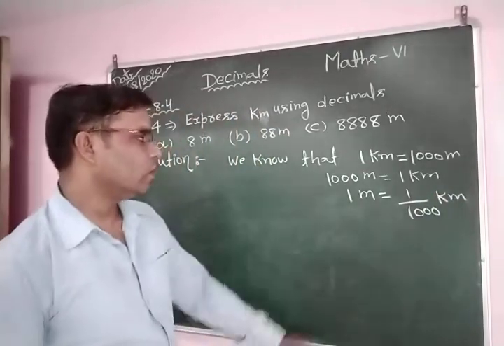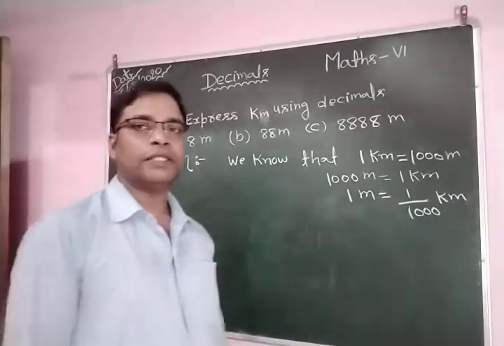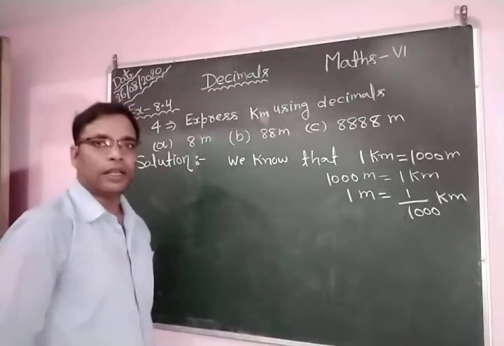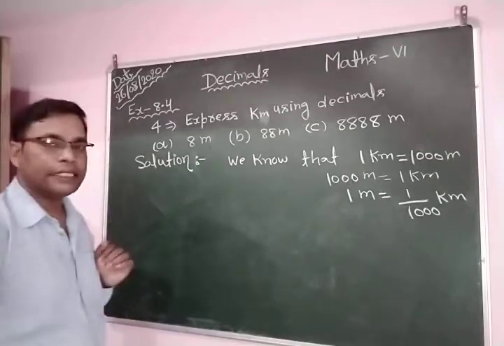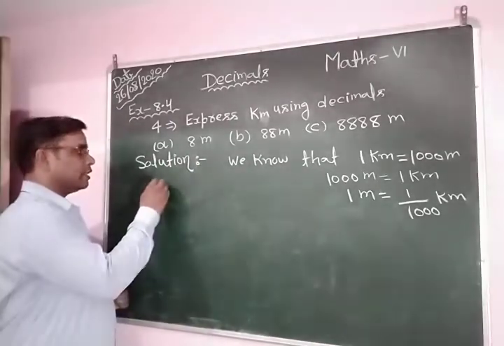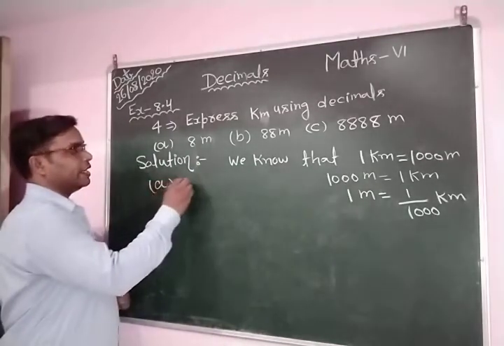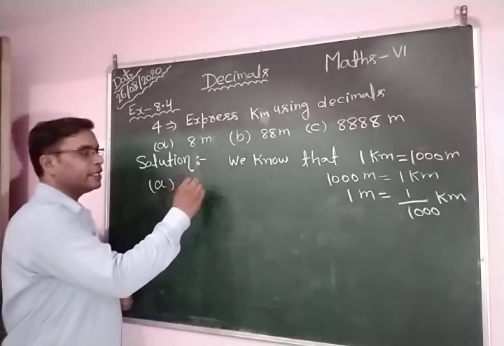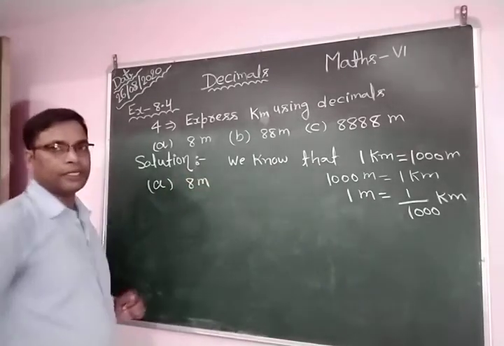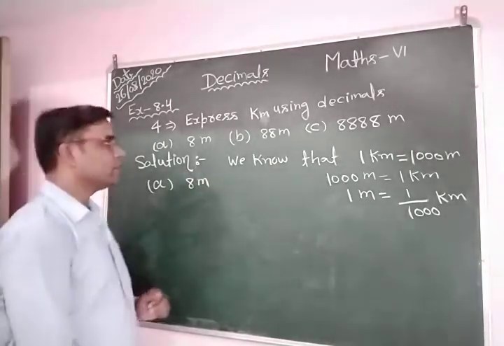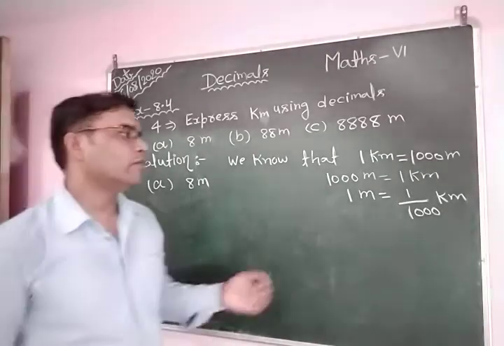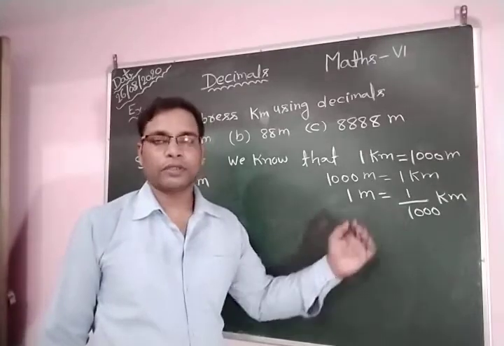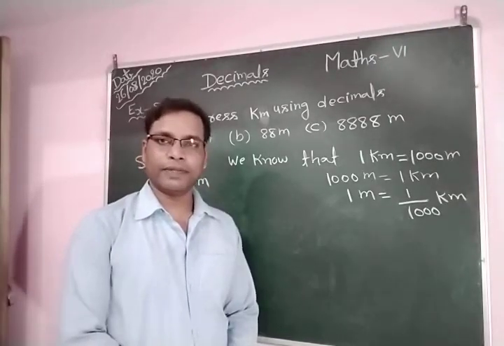Clear? 1 meter is equal to 1 by 1000 kilometer. In the A part of question number 4, 8 meter is given here. So we need to convert 8 meter into kilometer, but here 1 meter is equal to 1 by 1000 kilometer, you know very well.